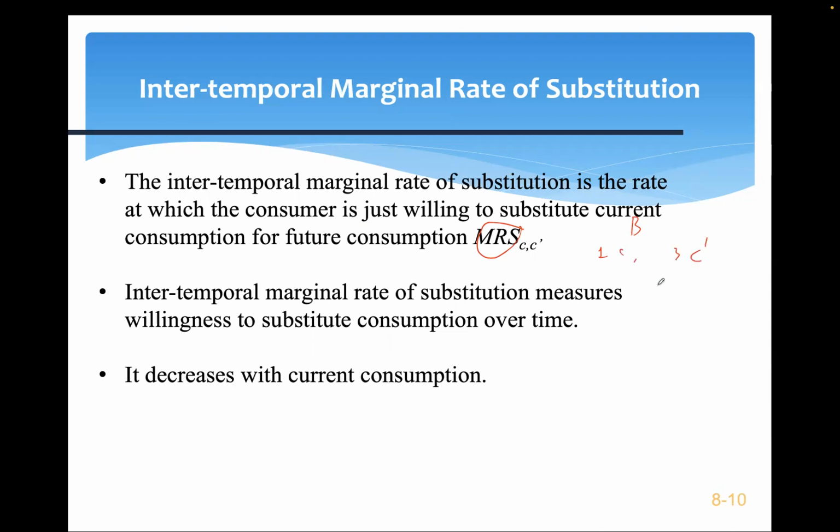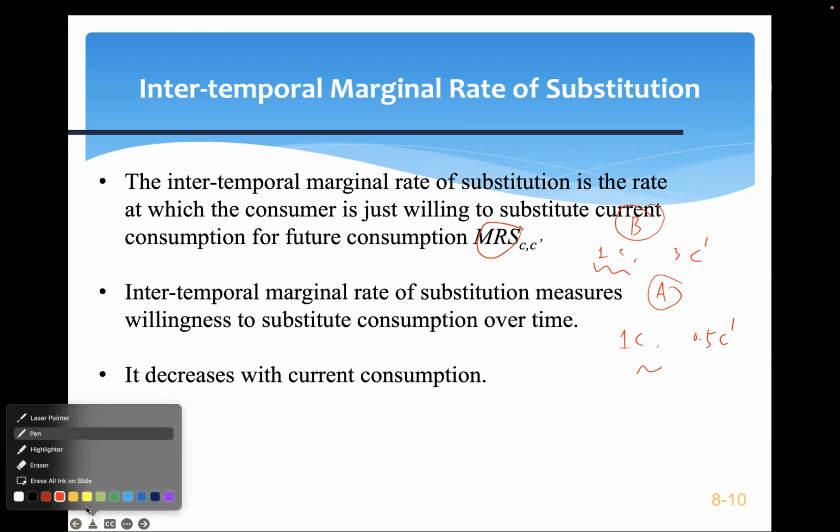At point A, if you give up 1 C, you only need to give me 0.5 C prime. And then clearly you can see at B, you care more about C, but at A you care less about C, right? So this is what the marginal rate of substitution means and what it measures.